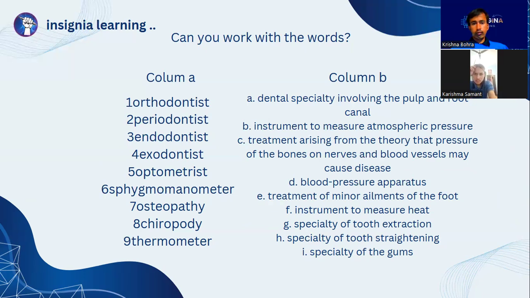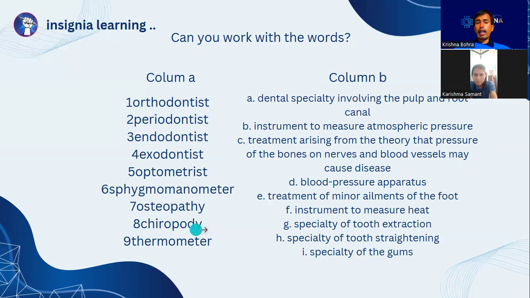I think it's C. No, it is C, osteopathy. Osteo means bone, okay? So it should be option number C, that is treatment arising from the theory that pressure of the bones or nerves and blood vessels may cause disease.